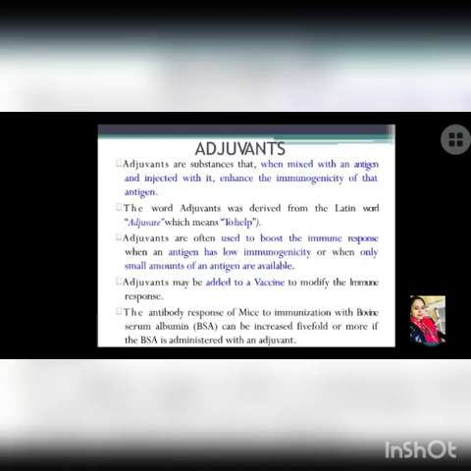Adjuvants are substances which, when mixed with the antigen and injected into a certain kind of host, enhance the immunogenicity of that particular antigen. This antigen and adjuvant combination is used in the vaccine development process.